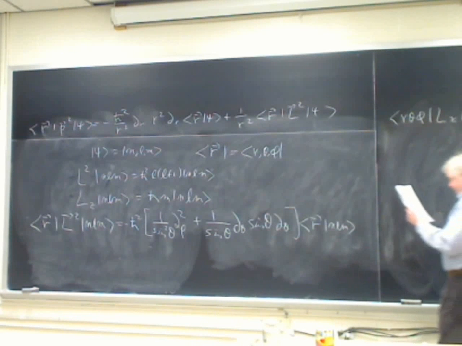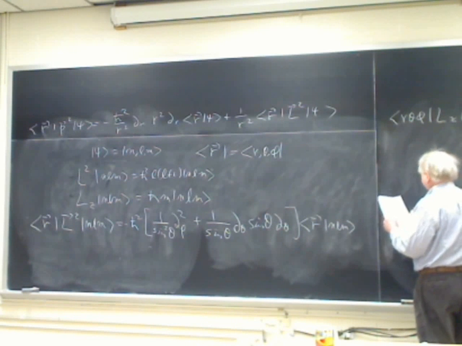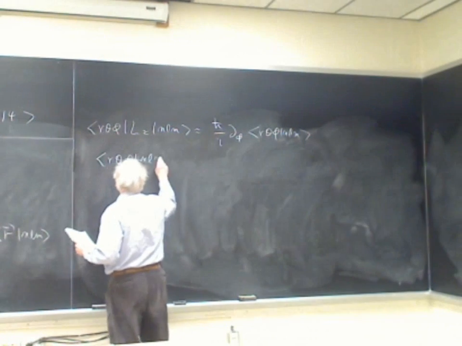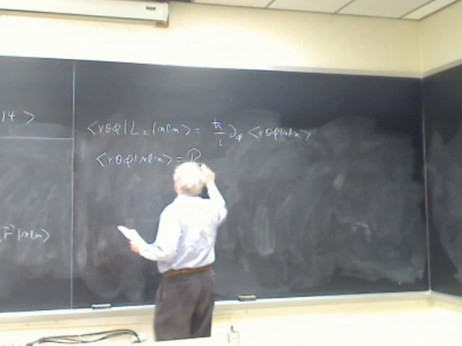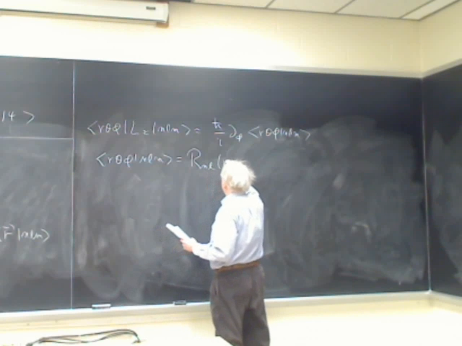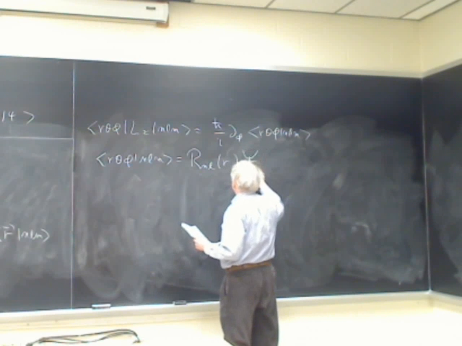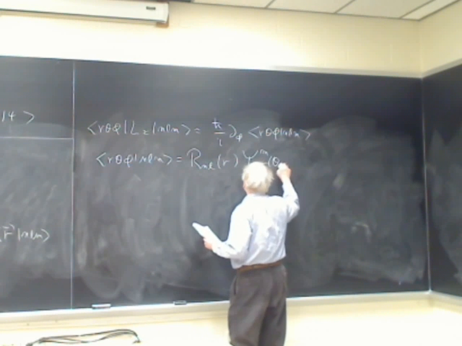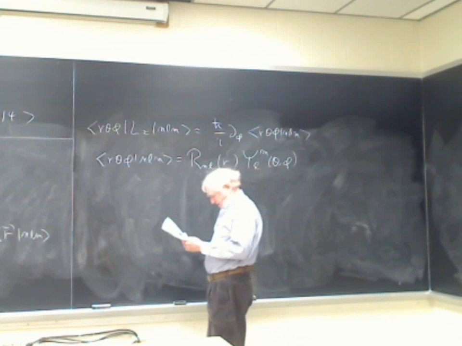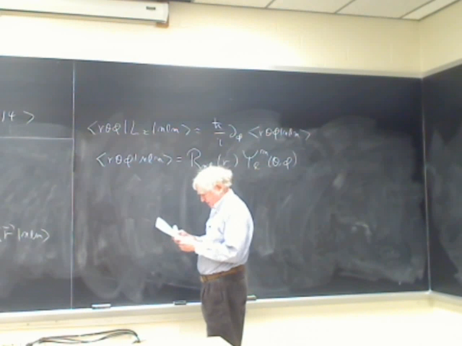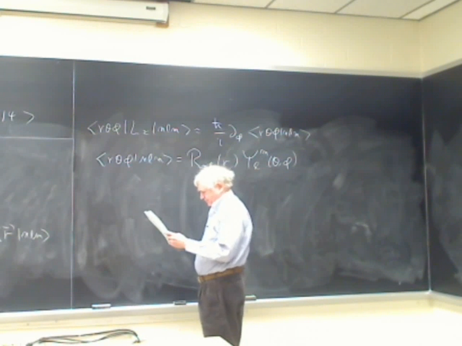And this <r theta phi|n l m>, we're going to be writing as R_nl(r) and then Y_lm of theta and phi.